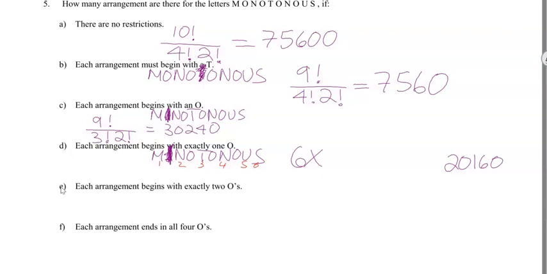There were 10 to begin with, now 9 because of the 1 O, so now there's 8 letters remaining. But we've got to take out the order of the 3 remaining O's and the 2 N's, right? So we have 6 times 8 factorial over 3 factorial, 2 factorial, which is 2160.